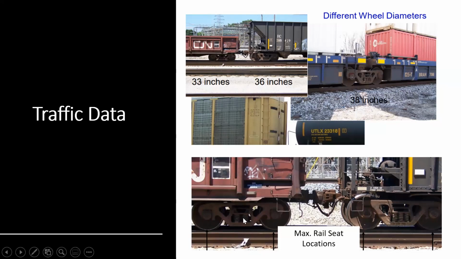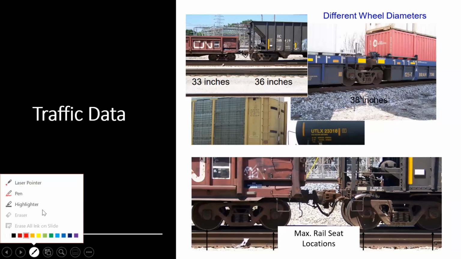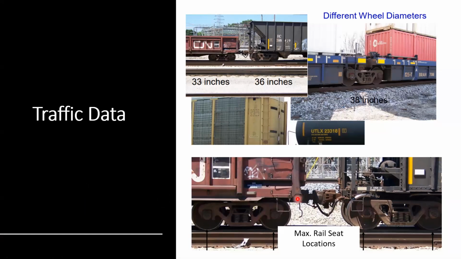You count the wheels here, 1, 2, 3, 4, and each wheel is connected by an axle. This is the more critical criterion from a geotechnical, and actually also a structural, point of view when designing your rail embankment. So the maximum rail seat location is very important, and just keep this picture in mind, the 4 axles that we have here.